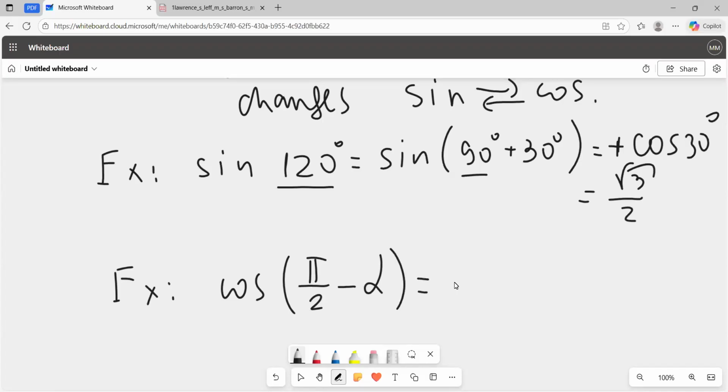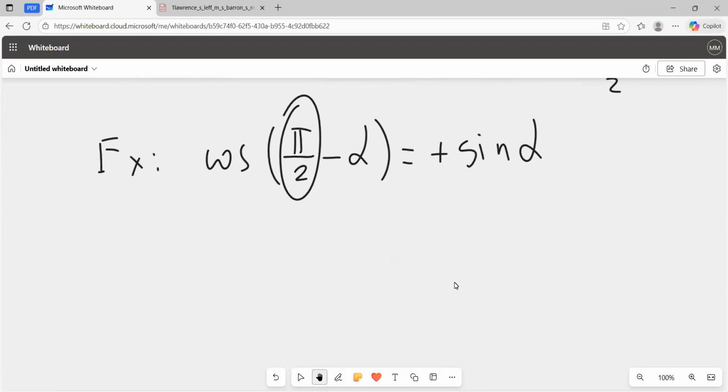First step is done. Pi divided by 2 minus something means we are in the first quadrant. In the first quadrant, cosine is positive, and since we have 90 degrees plus or minus something, the name will change. It will be equal to sine alpha.